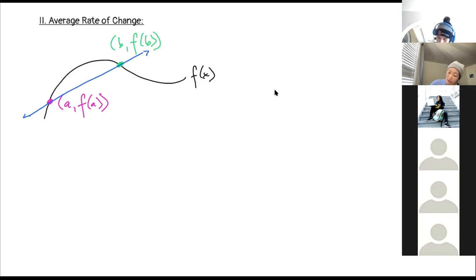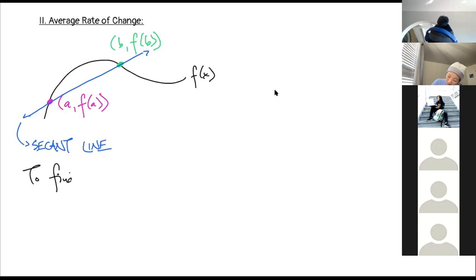Okay. Now this line has a specific name. This blue line is called a secant line, because a secant line passes through 2 points on the curve. Okay. So here's what we're going to write out in words, but this is our visual.